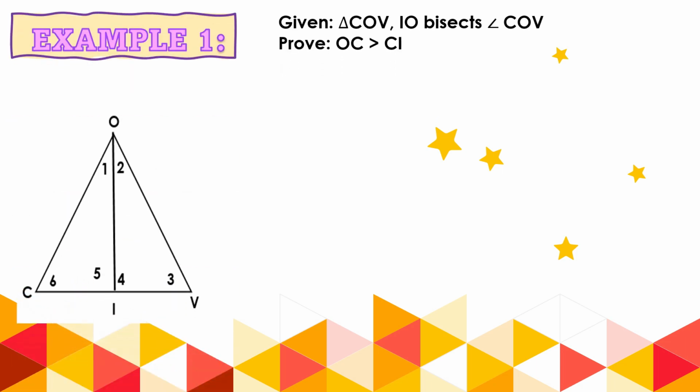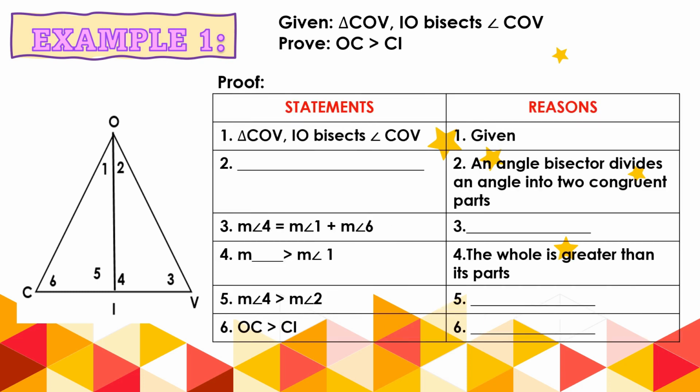Example number 1. Given that IO bisects angle COV, we will prove that side OC is greater than side CI. Here are the two-column proofs that we need to fill in.